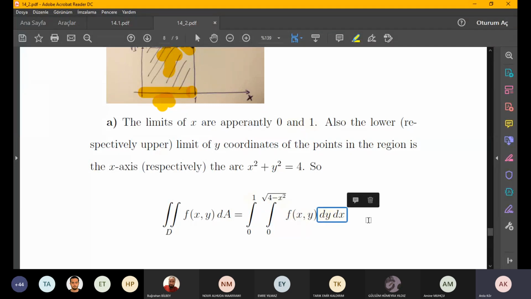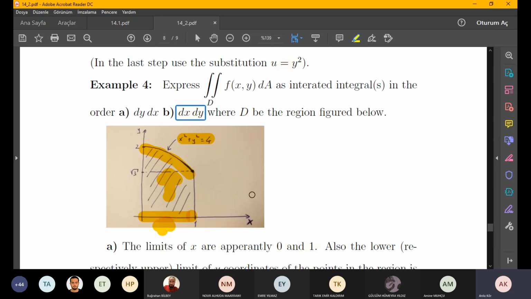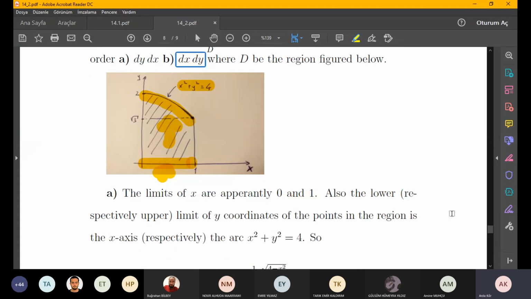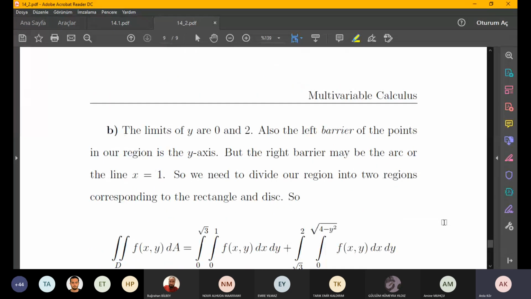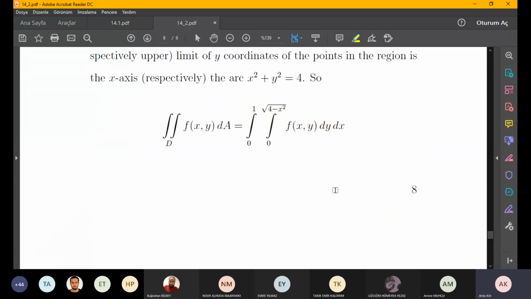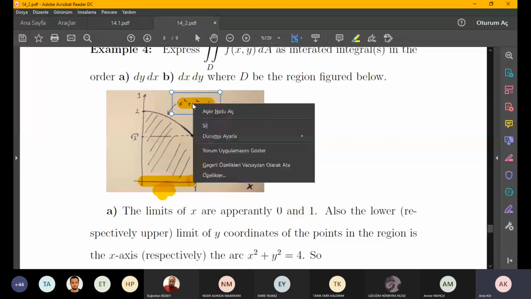So now we have to find the iterated integral, so we have to compute the same integral with the order dx dy in the order of integration. So now it will be, of course, more complicated than the first one.